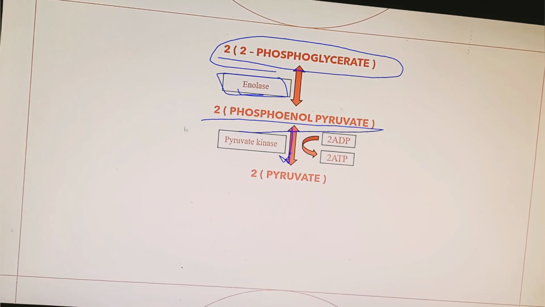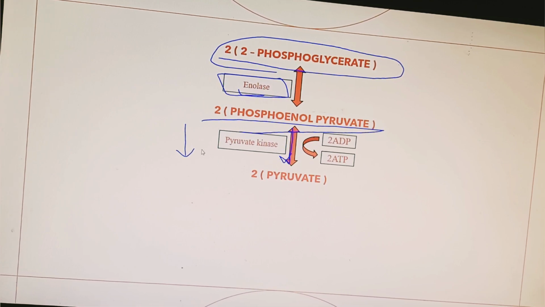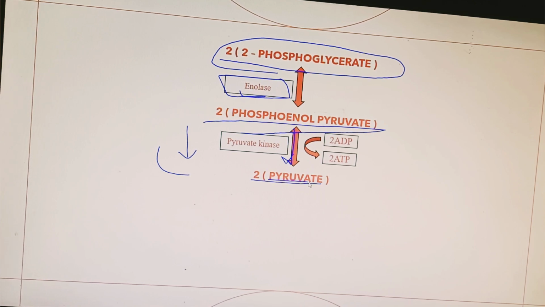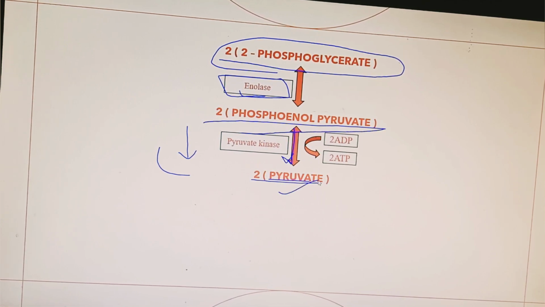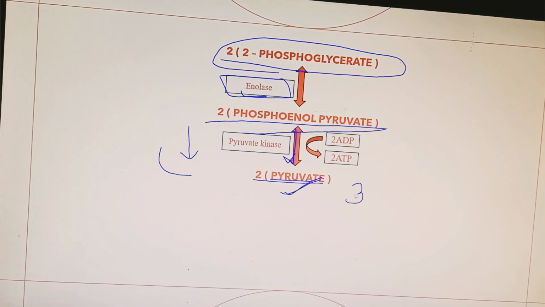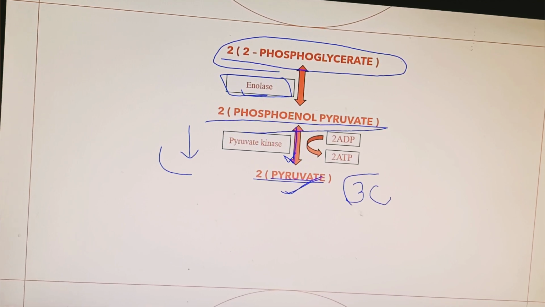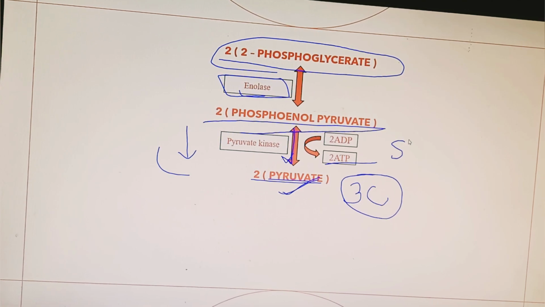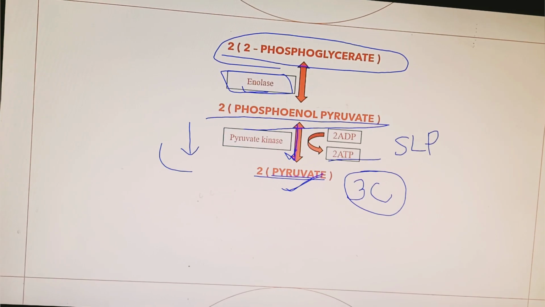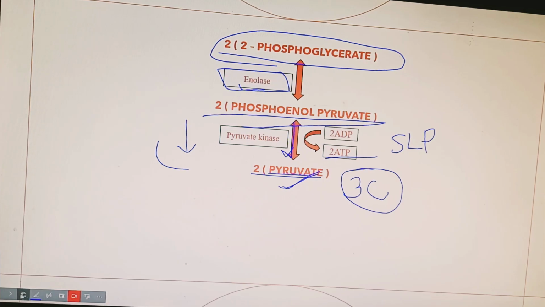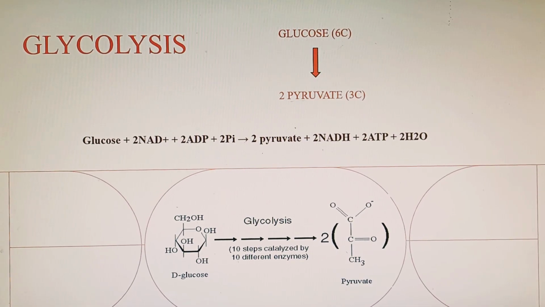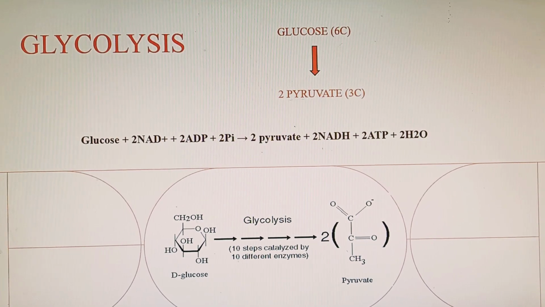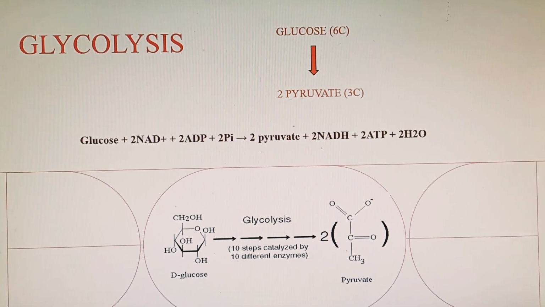Then the 2 phosphoglycerate gets converted into phosphoenolpyruvate by an enzyme called enolase. Further, we see that the phosphoenolpyruvate gets converted into pyruvate, which is a 3 carbon molecule, and in this particular reaction also we are experiencing substrate level phosphorylation where 2 molecules of ATP are being produced.